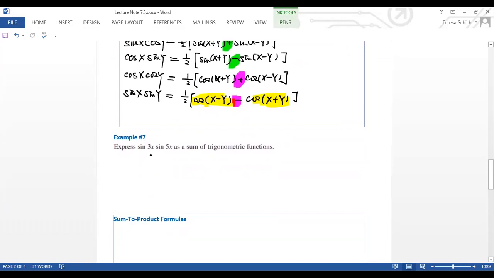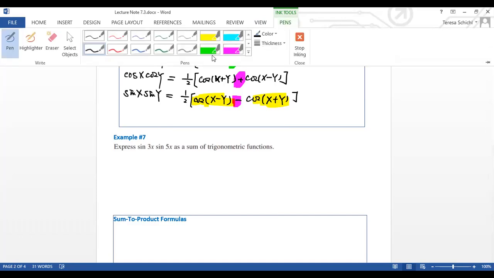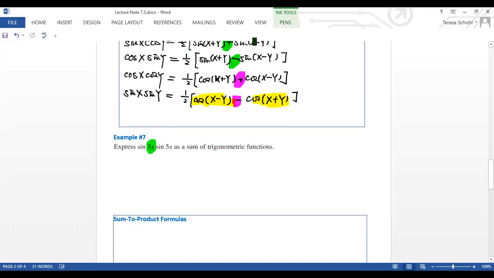Now let's take a look. It says express sine 3x sine 5x as a sum. So this is a sine times sine, so make sure these are your x and y in the formula. For sine times sine, I use this formula: 1/2 times cosine of x minus y.